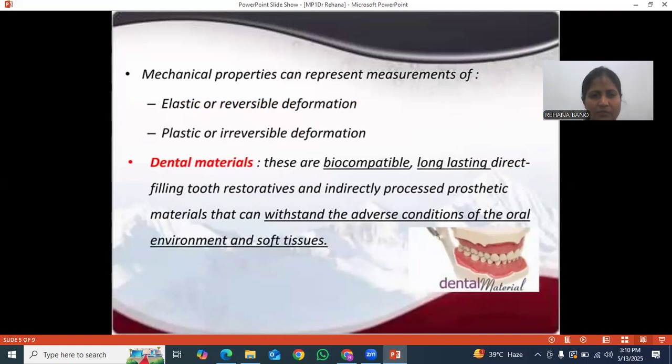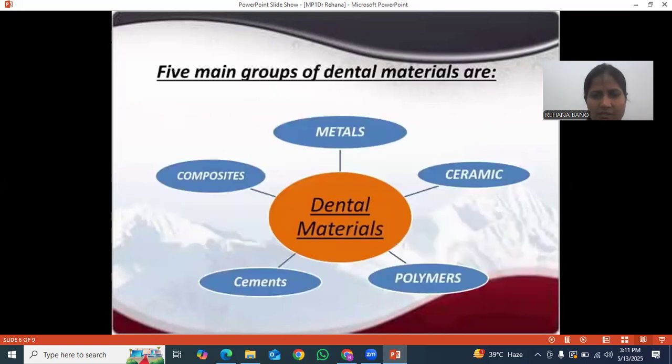So before coming to all the properties, basically what we should know about the dental material. What are the dental materials? Dental materials basically are the biocompatible materials that should be long lasting, and also direct and indirect filling, and that are also used in different forms, in the form of metals.